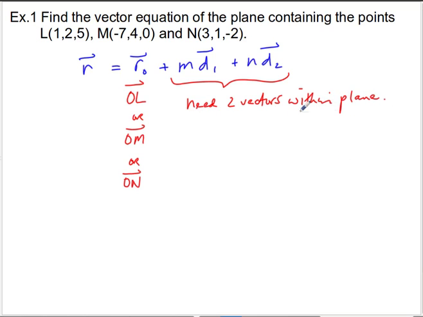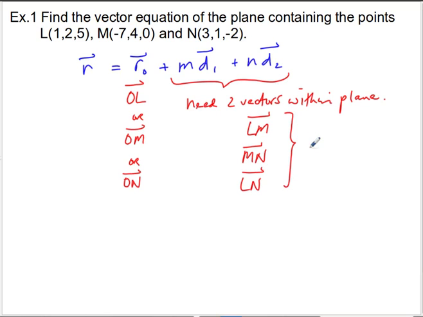So what two vectors might lie within the plane? Well, since both of the points L and M lie in the plane, then the vector LM lies in the plane. The points M and N lie in the plane, which means the vector MN lies in the plane, and LN lies in the plane.